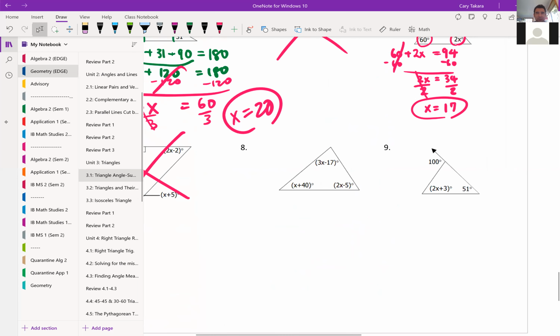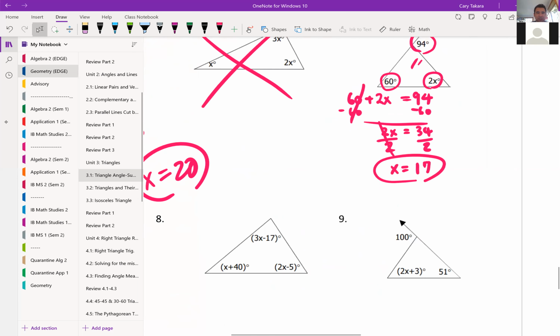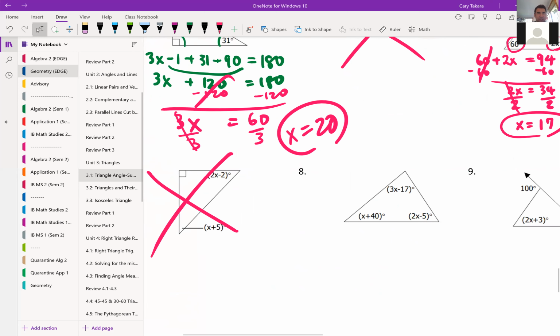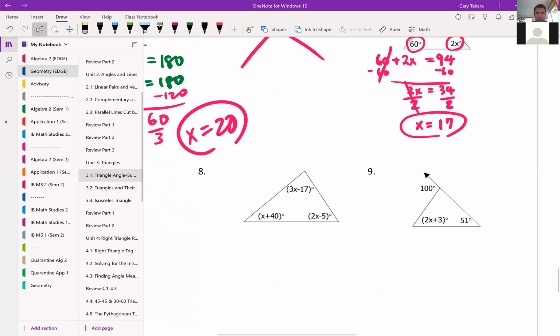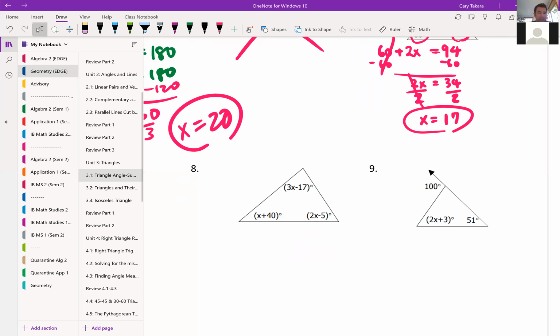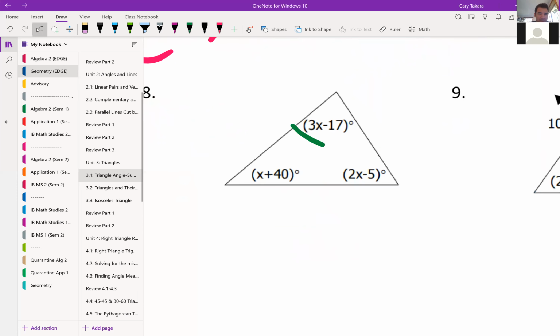2 more to go. Okay, we're going to skip number 7. But let's work on number 8 and number 9, and then we'll be done for today. Again, this one is involving all three interior angles, right?